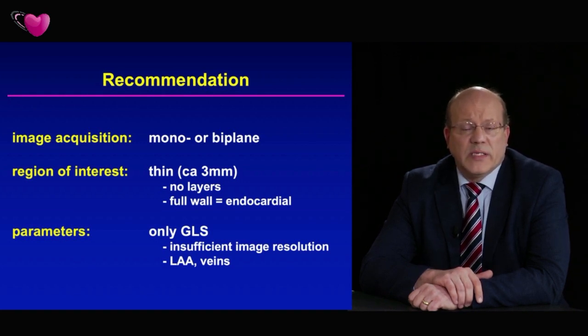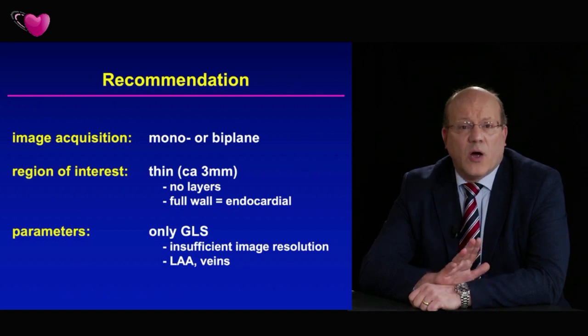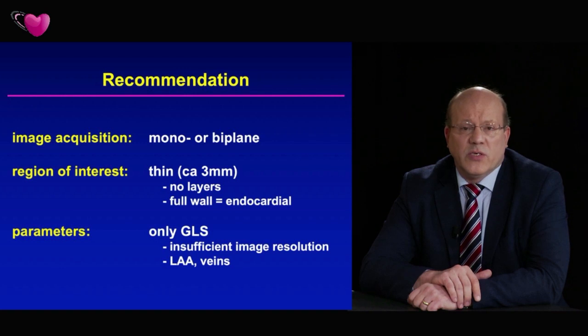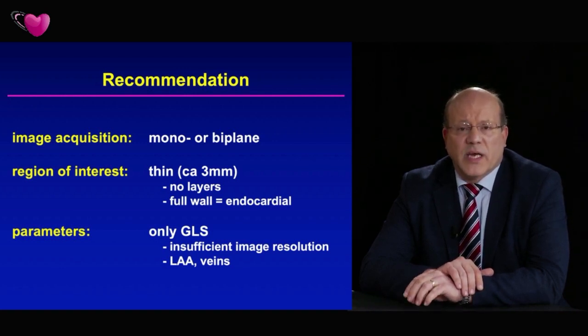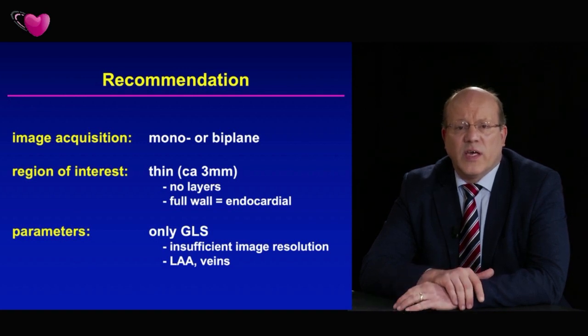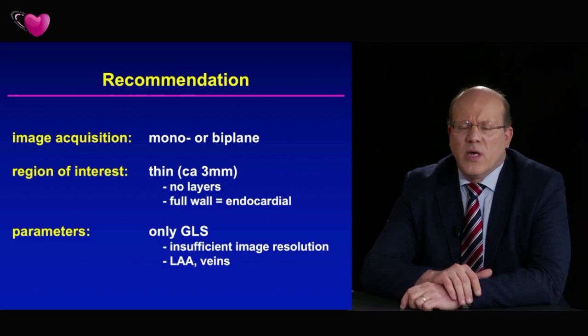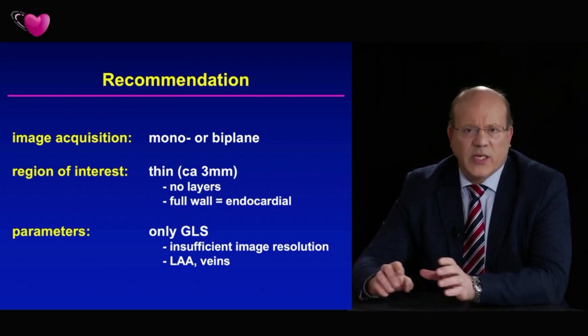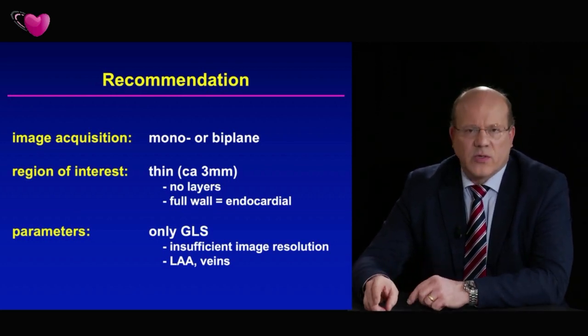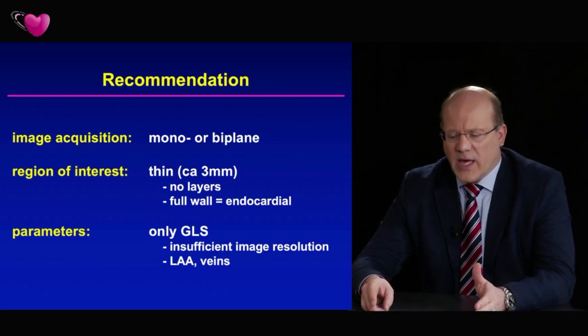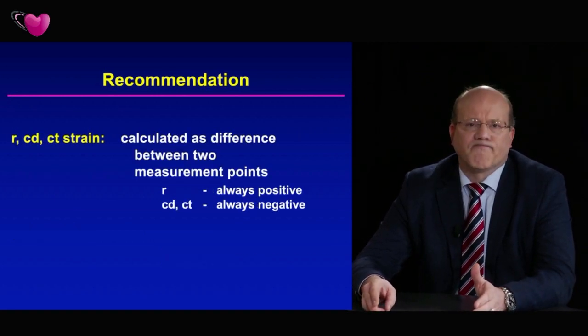The parameters that we measure are only global longitudinal strain. We do not look into regional strain because of the difficult scanning situation in the far field of the image, because of the gaps that we have in the contour. It is not useful to make distinctions of segments or so. So we just consider the deformation of the entire atrial contour.